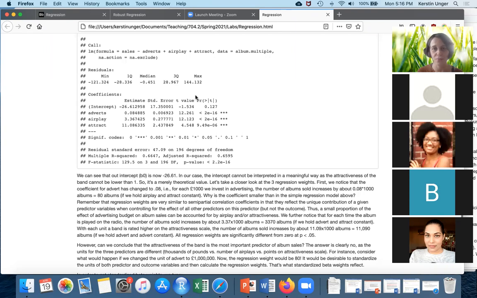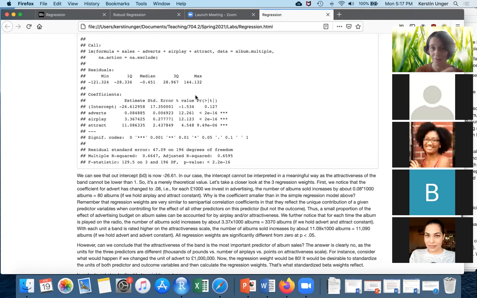So I just wanted to reiterate that because sometimes I'm not 100% precise in my language as well. So that's why it's important to keep it in mind. So the p-value refers to the probability to get an estimate that extreme, right?